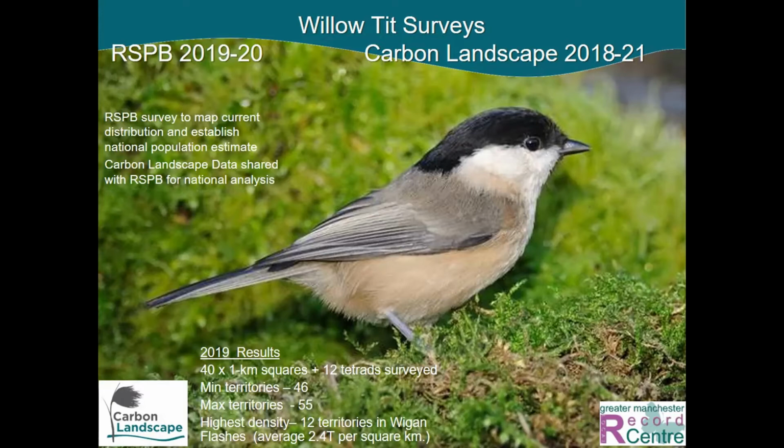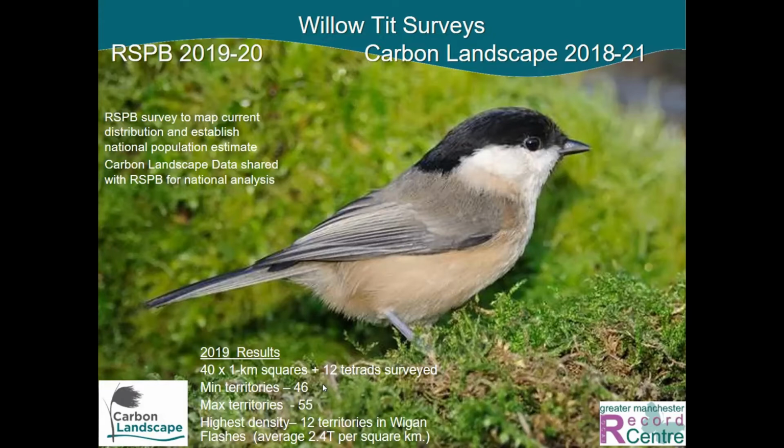So we shared all the data that we collected on our citizen science surveys, and that's gone in for the national analysis. We're hoping that some information should be published later this year. But in terms of our results on the citizen science project, we covered 41 kilometre squares, 12 2K squares.